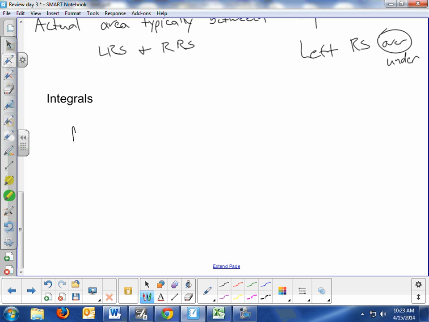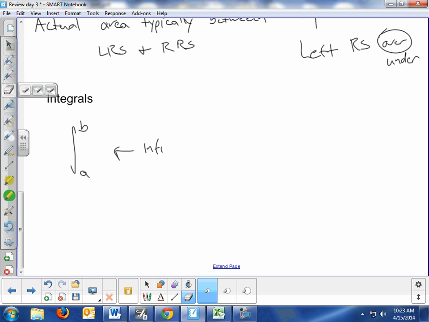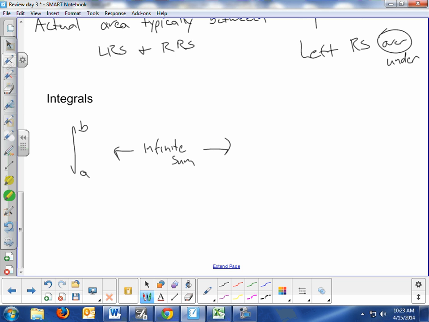An integral, exactly, a skinny S from A to B. That is what we said, okay, we're going to use that notation for an infinite sum. But what that represents is just the area under a curve from A to B. The exact area.